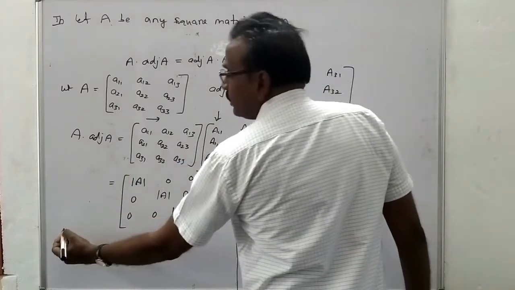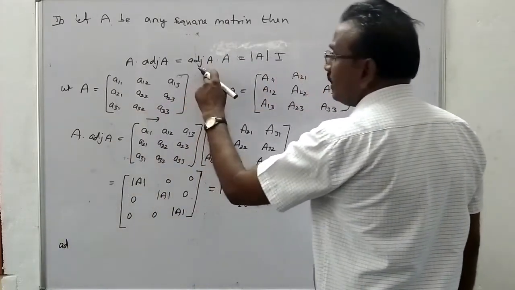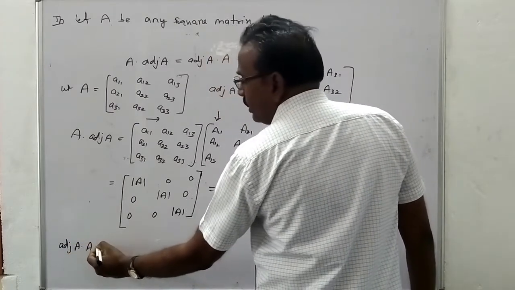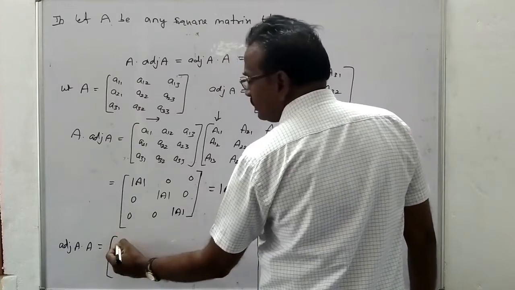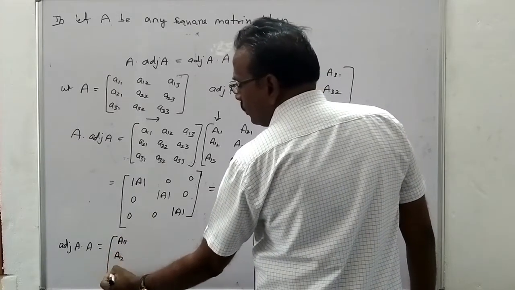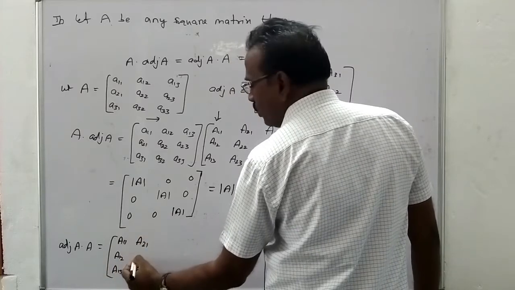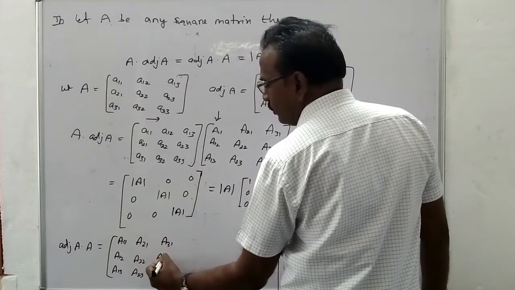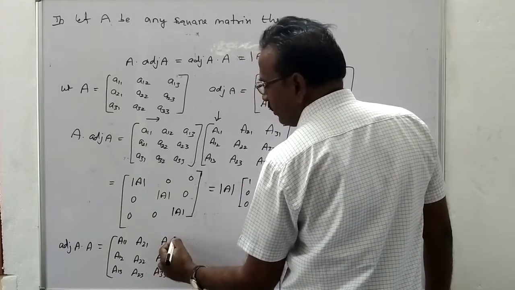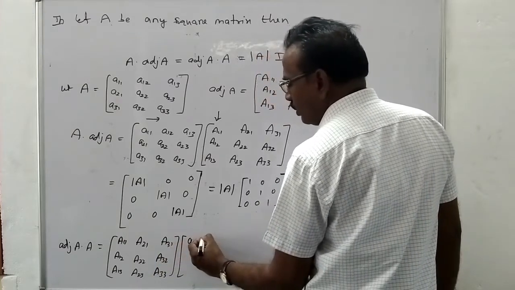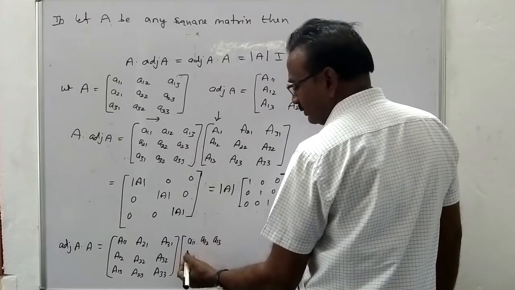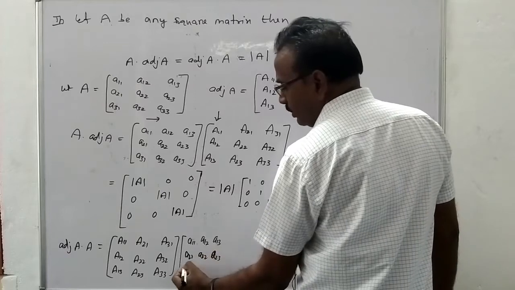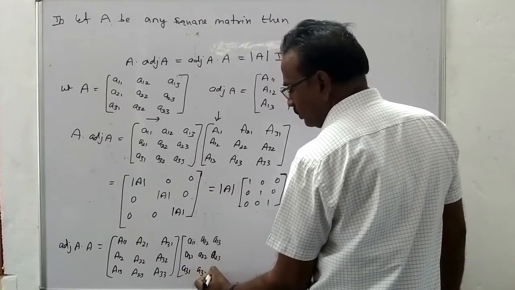Similarly, we can prove the second case: adjoint of A into A. The adjoint of A is capital A11, capital A12, capital A13, A21, A22, A23, A31, A32, A33. This is the adjoint of A into matrix A, which is A11, A12, A13, A21, A22, A23, A31, A32, A33.